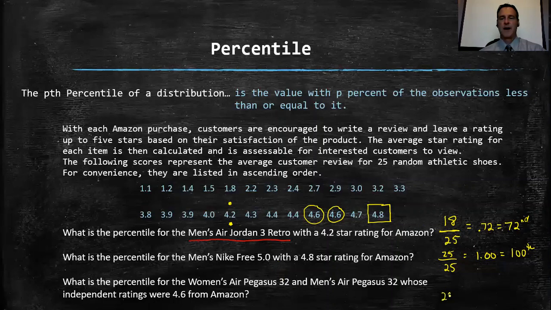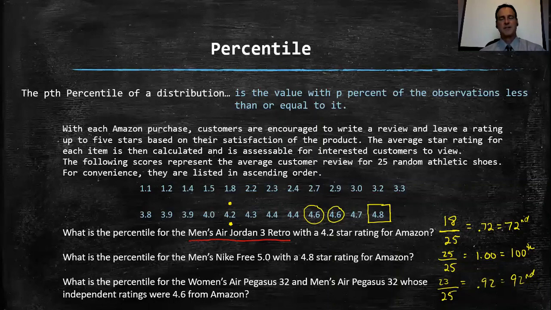And out of 25, the numbers that are less than or equal to that, there are 23 out of those 25. And that represents 0.92, or the 92nd percentile.